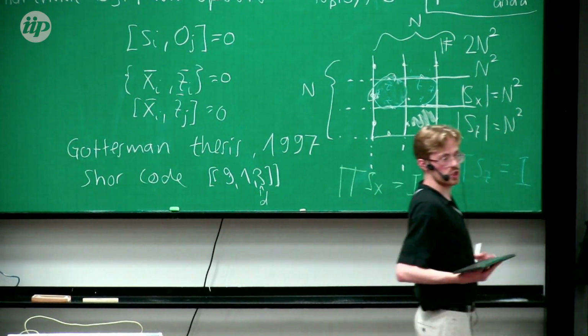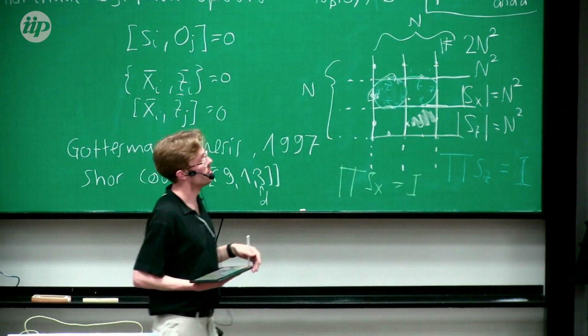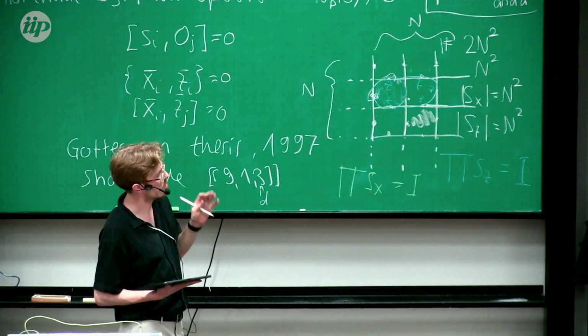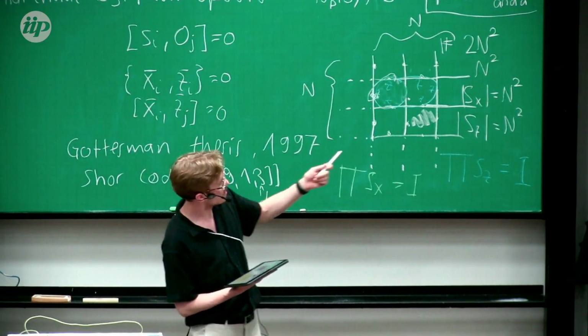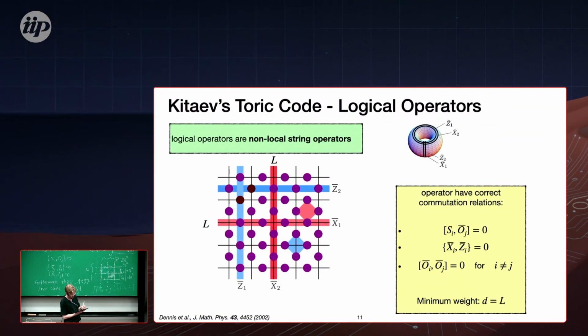We can then also check again that these operators commute with all the stabilizer generators. So for example, this x1, it will always pass these Z plaquettes. It will always enter one and then exit.